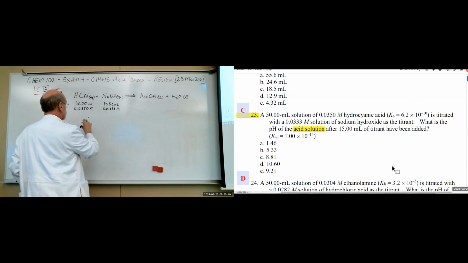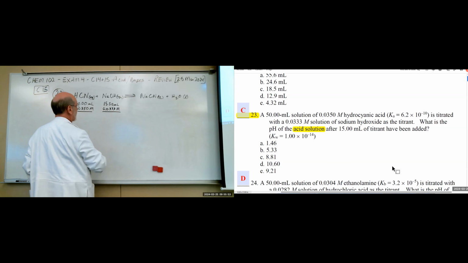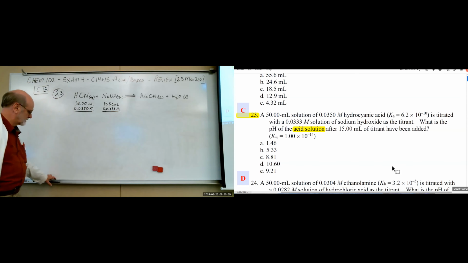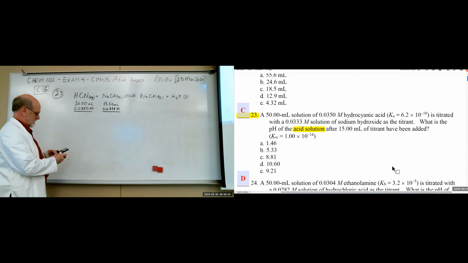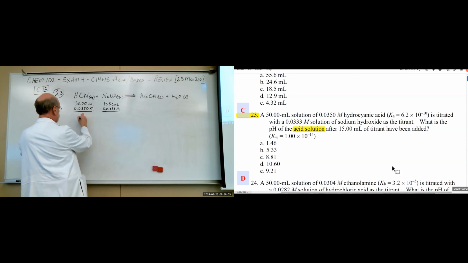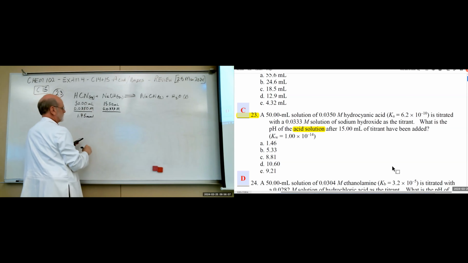Right. So if that's the case, how many millimoles of this one and how many millimoles of that one are we starting with? So 50 times 0.035 is 1.75 millimoles of acid.